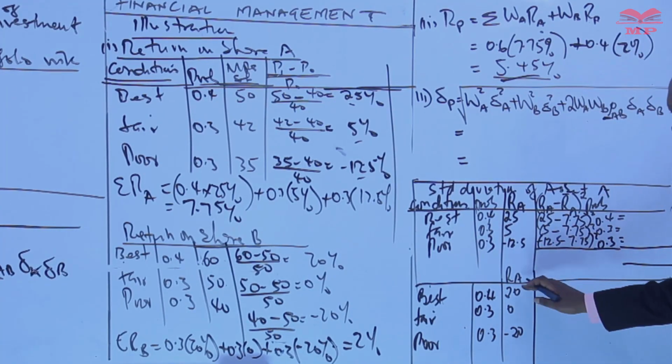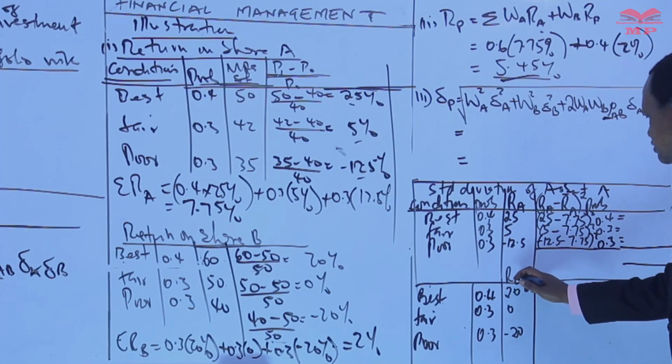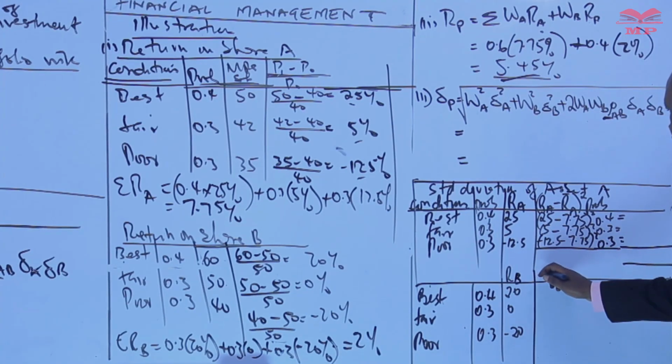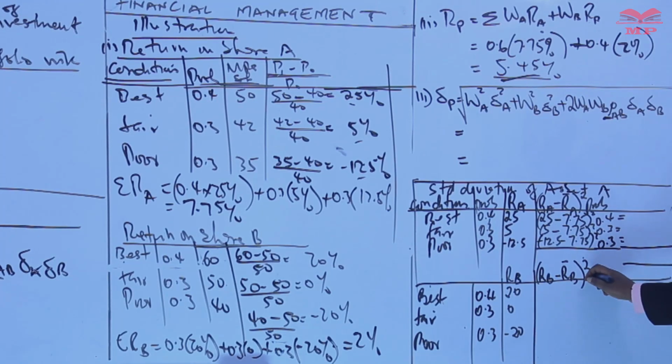Then I need RB, the deviation RB minus RB bar. The deviation squared, then multiply by the probability.